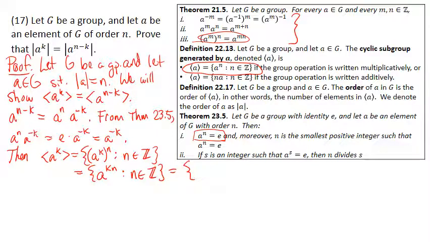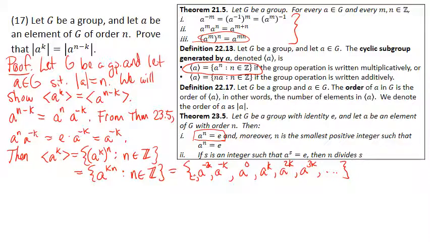Let's see, so let me start in the middle. a to the k, a to the 2k, a to the 3k, and so on and so forth. And then going the other way, this would be a to the 0, a to the minus k, and then a to the minus 2k, and then keep going like that in the backwards direction.